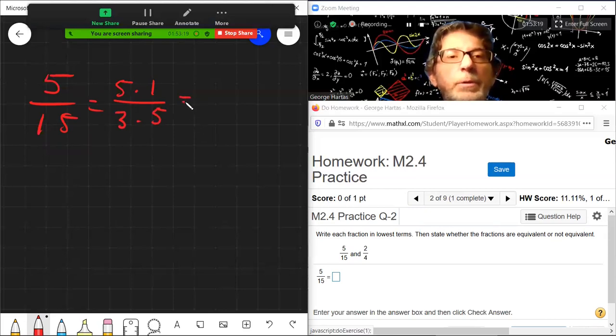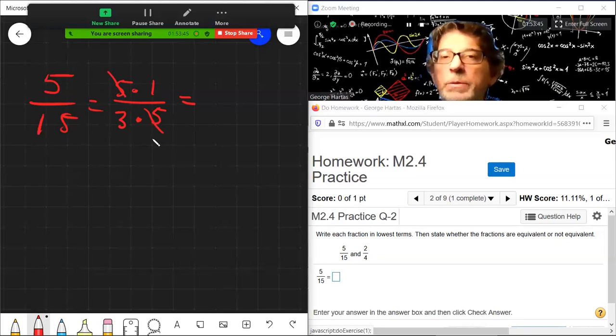All right, now it's time to reduce. We have 5s that are the same top and bottom. And remember, they don't have to be on top of each other. As long as you have multiplication between the numbers, it doesn't matter how far down the line the numbers are, as long as the numbers are the same, top and bottom. 5 divided by 5 is 1, so this cancels out.